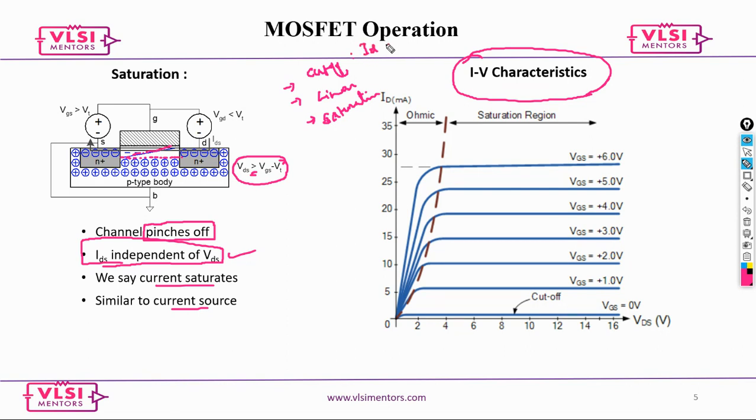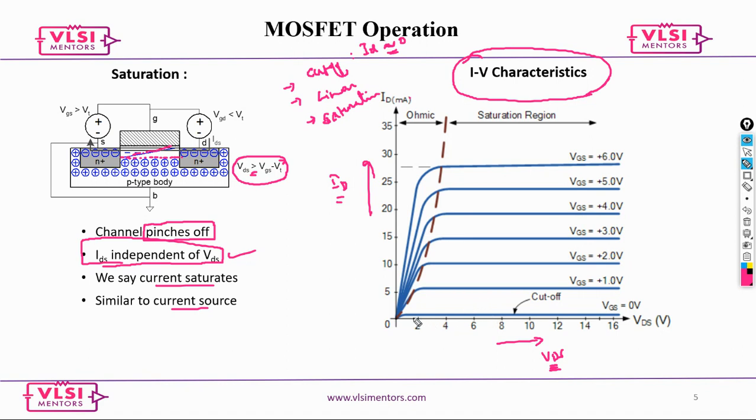ID is approximately 0 because it is the off condition. The y axis is your ID, and this is going to be your VDS, the drain voltage. Remember, one is drain current and the other is drain voltage.